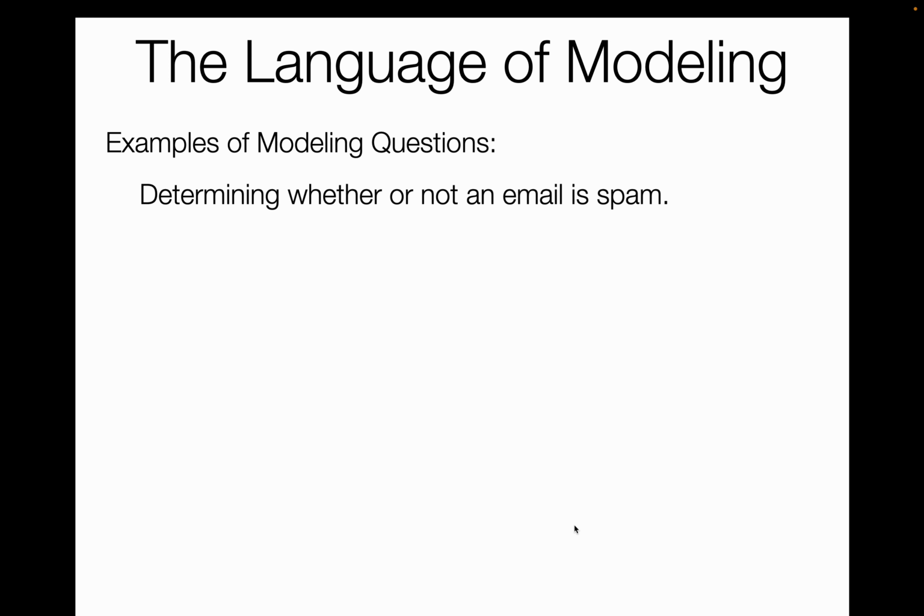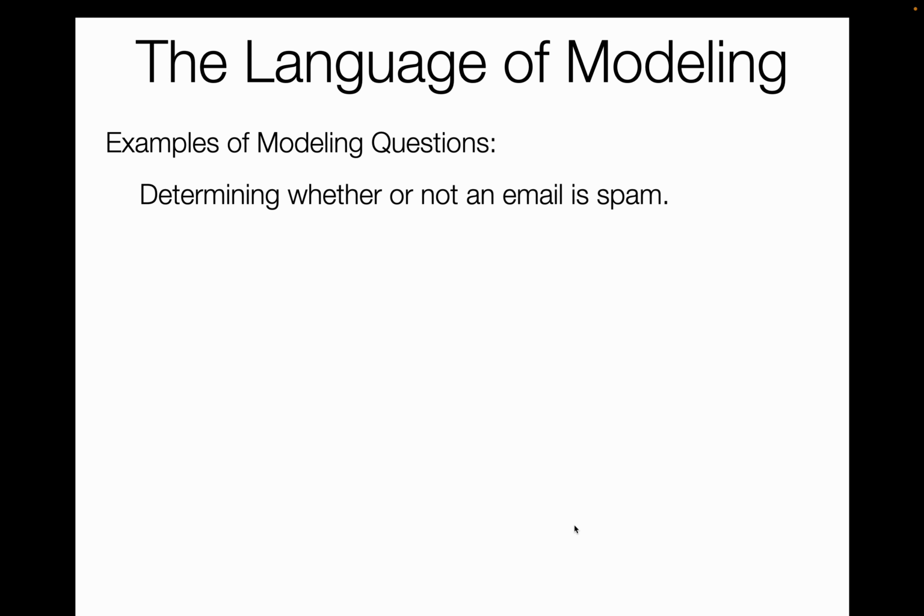Determining whether or not an email is spam is really important, especially if you get a lot of emails that you don't want. With this kind of question, you want to think about what your goal is in this model. Do I want to understand how it makes its decision, or just that it makes the correct decision?